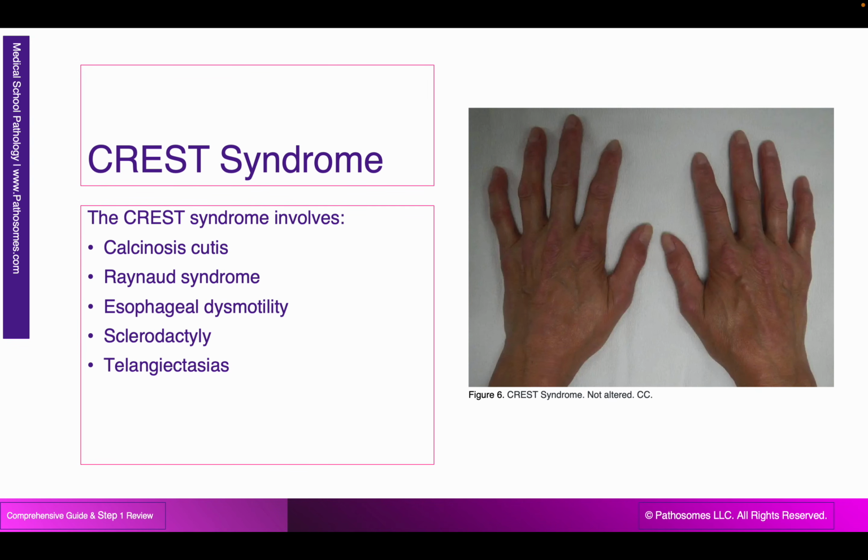And here we have an image of CREST syndrome. CREST syndrome involves calcinosis cutis, Raynaud syndrome, esophageal dysmotility, sclerodactyly, and telangiectasias.